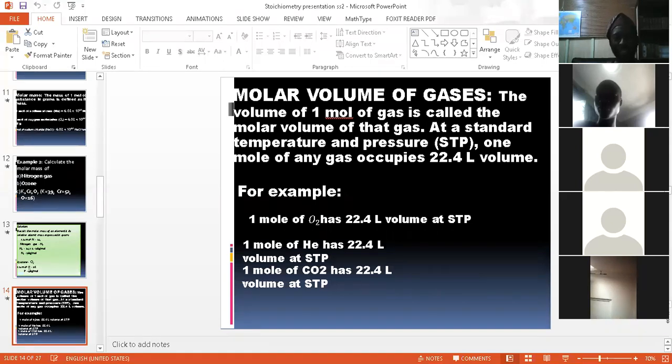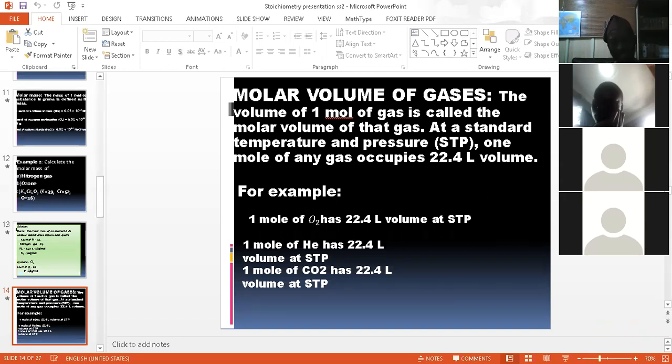So the principle here is that 1 mole of any gas, be it nitrogen, be it oxygen, be it ethane gas, whatever gas it is, will occupy a volume of 22.4 liter or 22.4 dm3. Take note of this. For example, 1 mole of oxygen has 22.4 liter at STP. 1 mole of helium, different gases, okay?